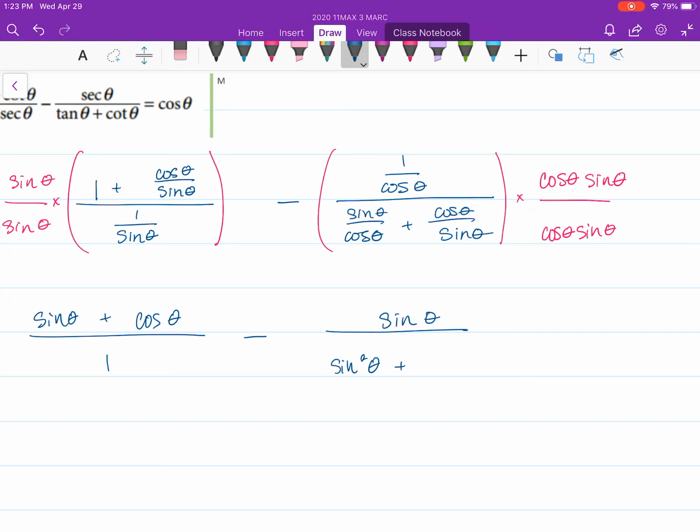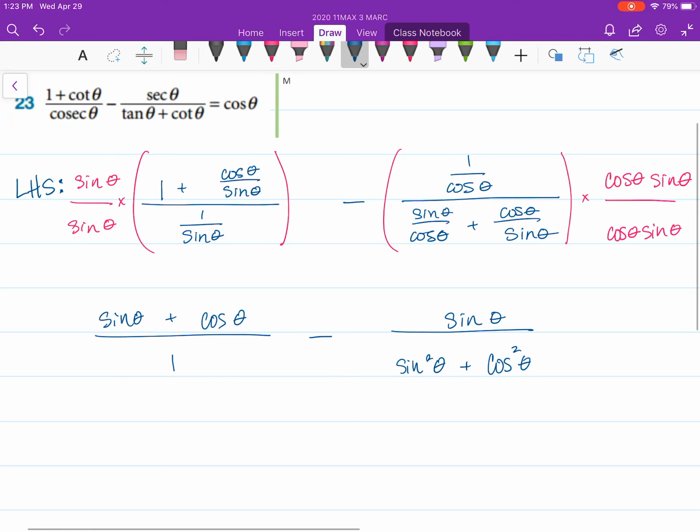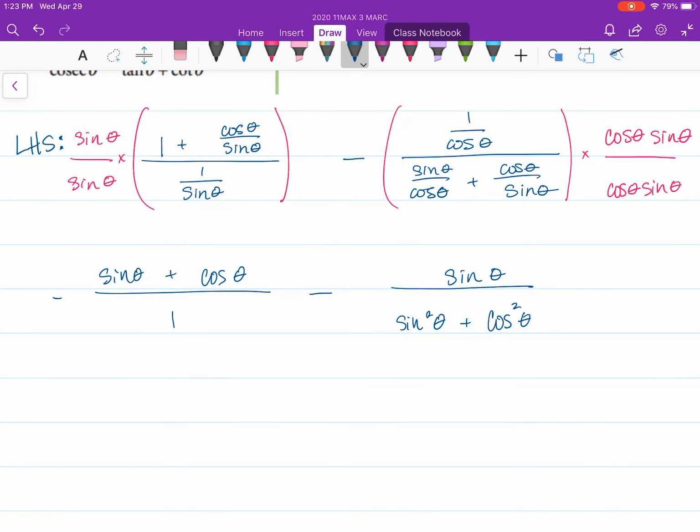Plus, when I multiply cos times sine times cos on sine, the sines cancel out, leaving me with cosine squared, which is good, because if you are paying attention to your reference sheet, you know that sine squared plus cosine squared is a Pythagorean identity, and that is also 1.